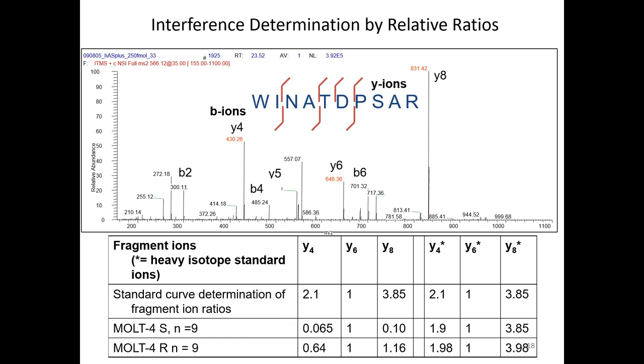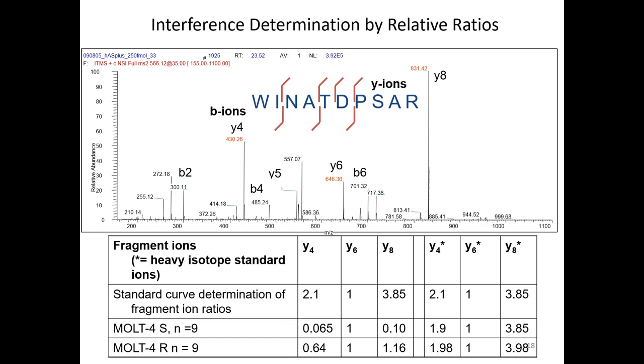Another thing to always have in the back of your mind is interference determination. This was my first example when I was in grad school of this one peptide that I was looking at in 2 different cancer cell lines. One was regular, the other was drug resistant, and we were supposed to see a change in the intensity of this peptide.